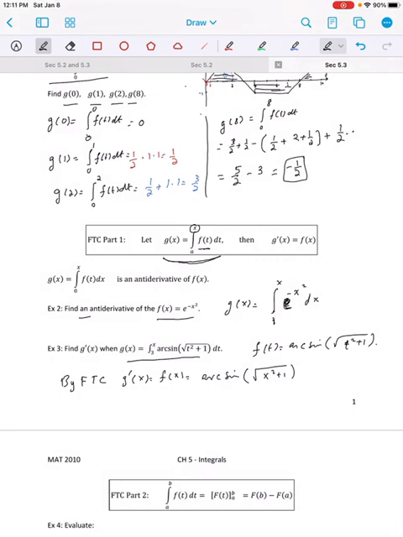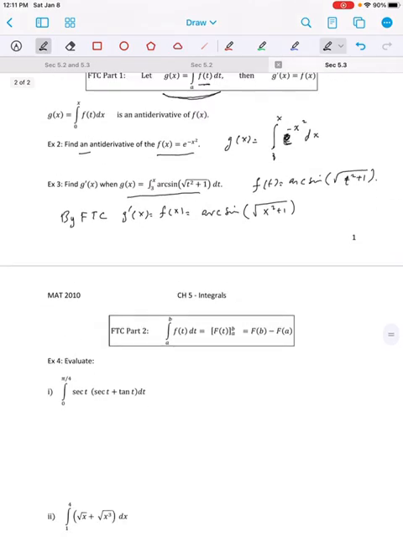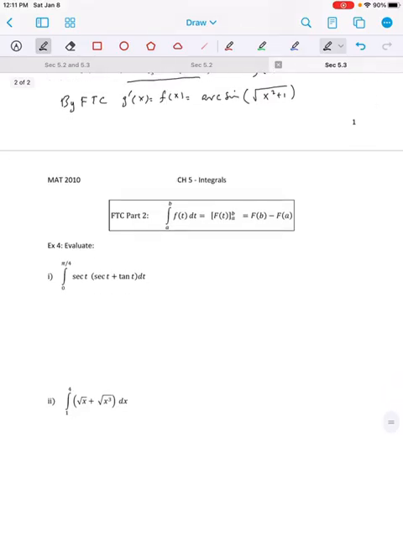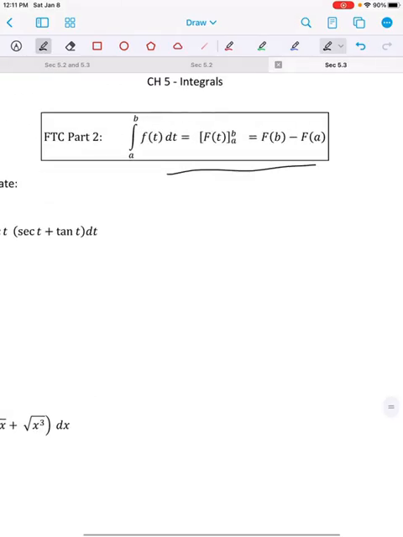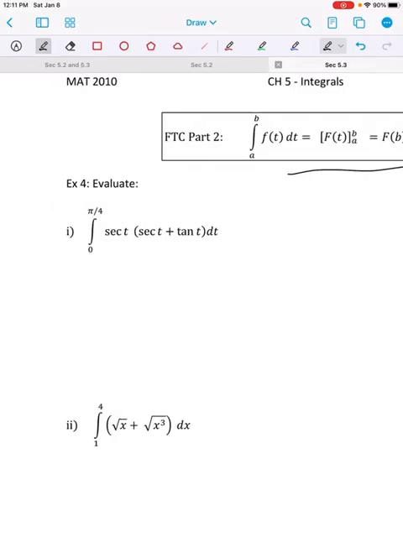The second part of the fundamental theorem of calculus actually helps us evaluate the definite integral, and it goes like this. So we can use that property and solve a couple of examples here. For the first one, notice there are two functions being multiplied, and we do not have a product rule for integration.